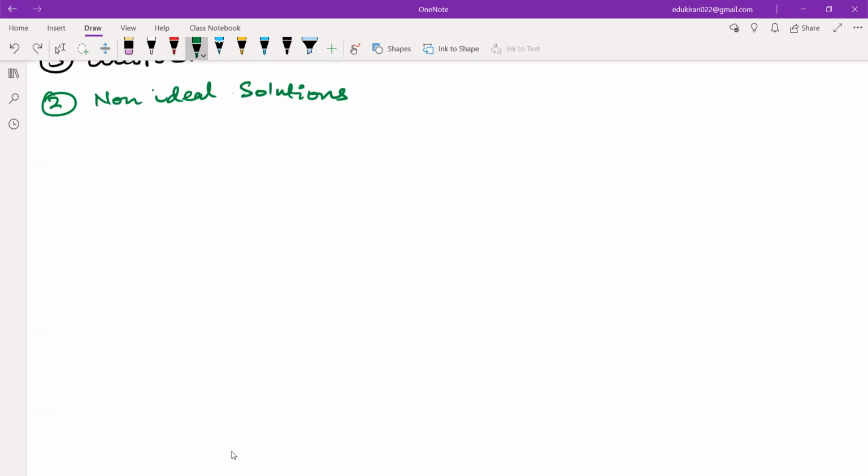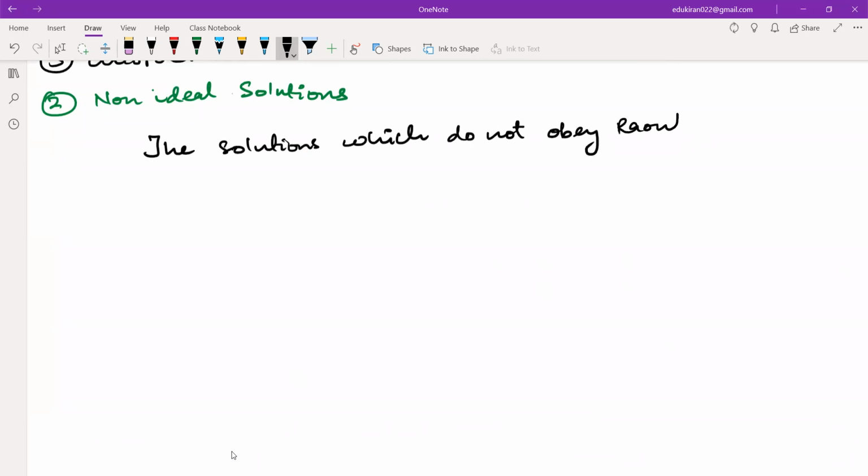Now, in a non-ideal solution, the solution does not obey Raoult's law over the entire range of concentration. So please write this down. This does not obey Raoult's law over the entire range of concentration.